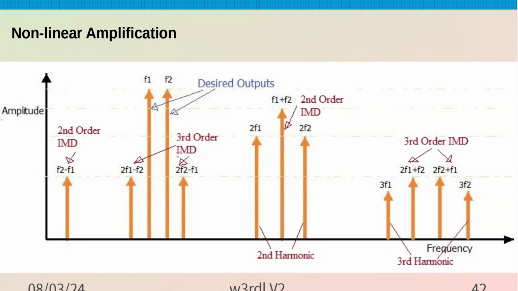And you can see that the third order intermodulation products are going to be 2 times F1 minus F2, or 2 times F2 minus F1. So it's the second harmonic of one minus the fundamental of the other, and vice versa. So they wind up very close to the fundamental frequencies.